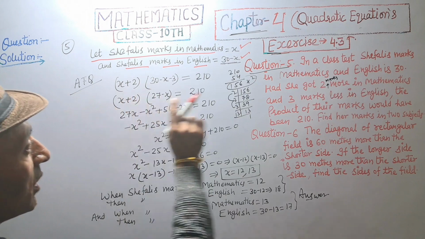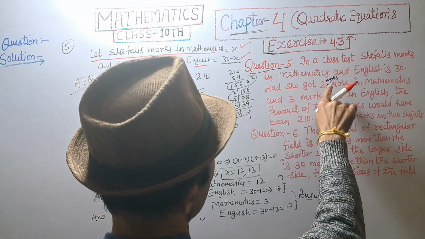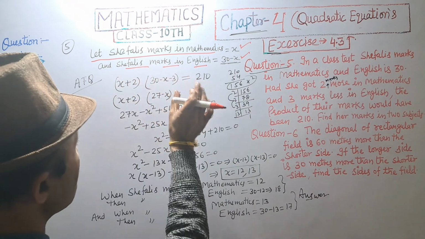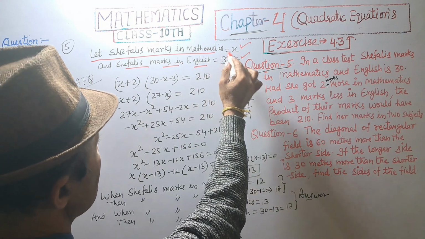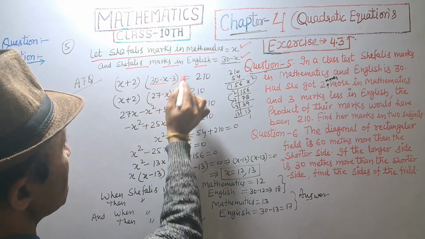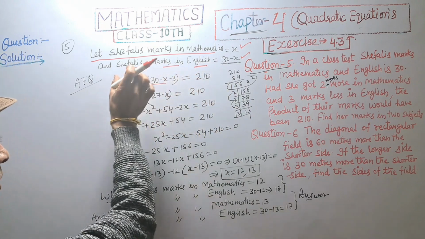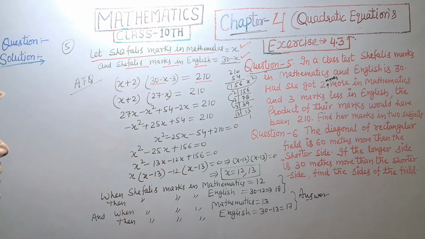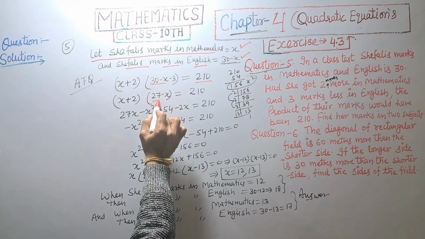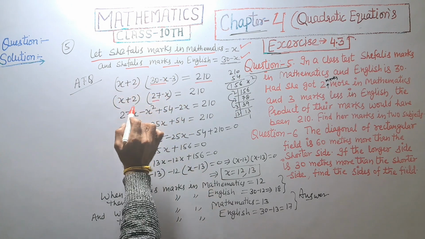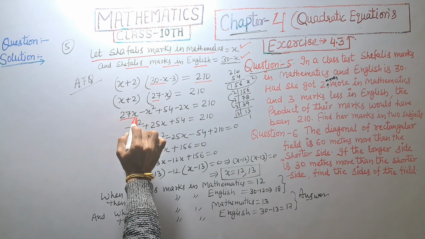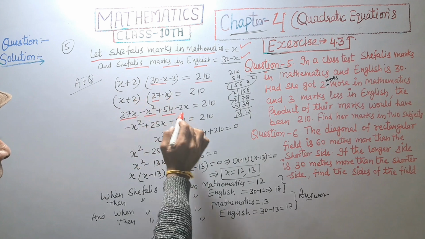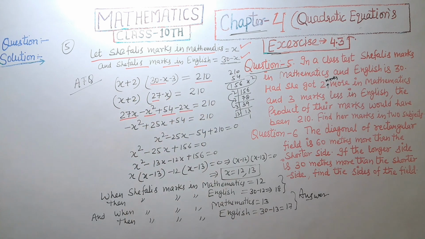According to the question, had she got 2 marks more in mathematics, x plus 2, and 3 marks less in English, 30 minus x minus 3, then their product would have been 210. 30 minus 3, that is 27 minus x, and x plus 2: x into 27, that is 27x, x into minus x, minus x square, 2 into 27, that is 54, 2 into minus x is minus 2x, that will be 210.